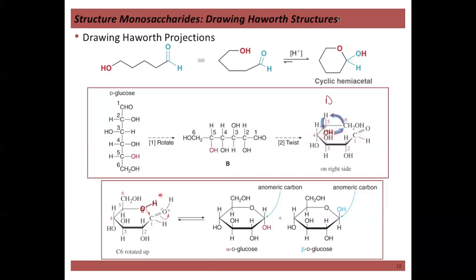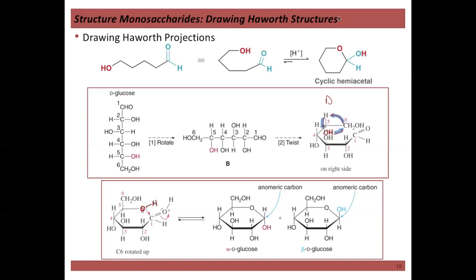And now that we've rotated it, it's here. Notice what that does to this group right here. It pops that CH2OH up. So you're going to notice this common feature, that CH2OH pops up, which means that this is a D sugar. And it's a D sugar because if we trace it backwards, it was originally pointed down and to the right in a Fischer projection.